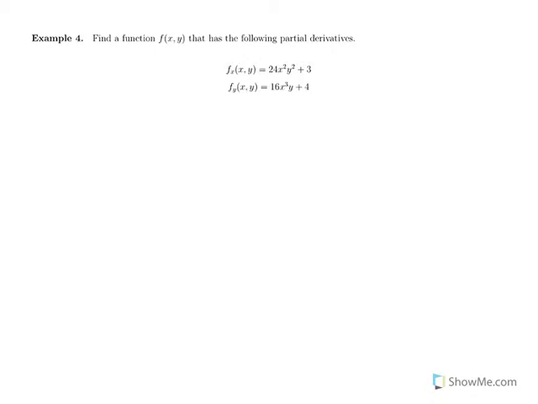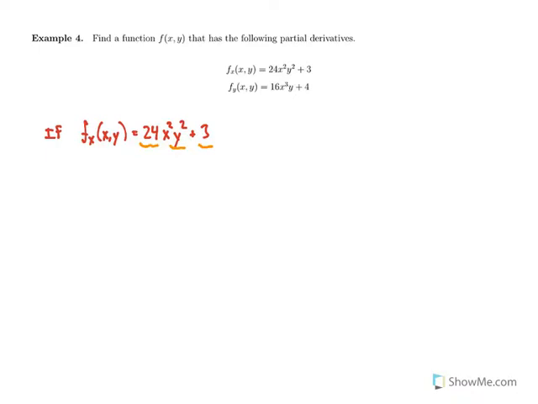So we're just going to try to play around with this. If f sub x, xy is 24x squared y squared plus 3, let's think about all the constants that we have there. We have this 24, we have this y squared, we have this 3.